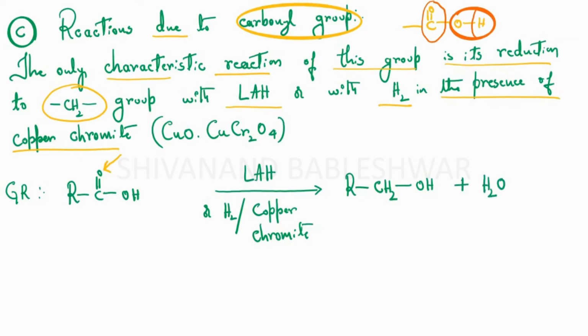So you can see that two hydrogens are added to this carbon, and the oxygen of the carbonyl group goes out as H2O. So altogether 4 hydrogens are added. Let me write it here as 4 nascent hydrogen which are produced in the reaction, right?